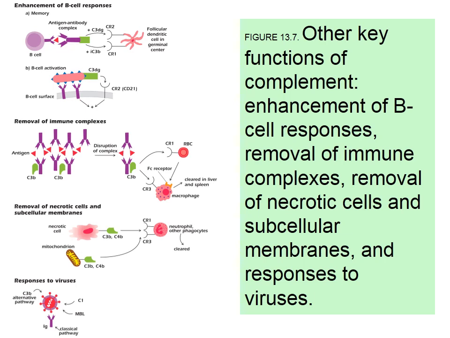Number two, you want to remove all those immune complexes from the circulation by the red blood cells and the macrophages. They're taken into the liver and spleen, and they are cleared off. And then finally, if there is no infection, but there are dead or necrotic cells, or subcellular membranes like old mitochondria that need to be removed, again phagocytes have those receptors for complement proteins, and they will also be cleared off.